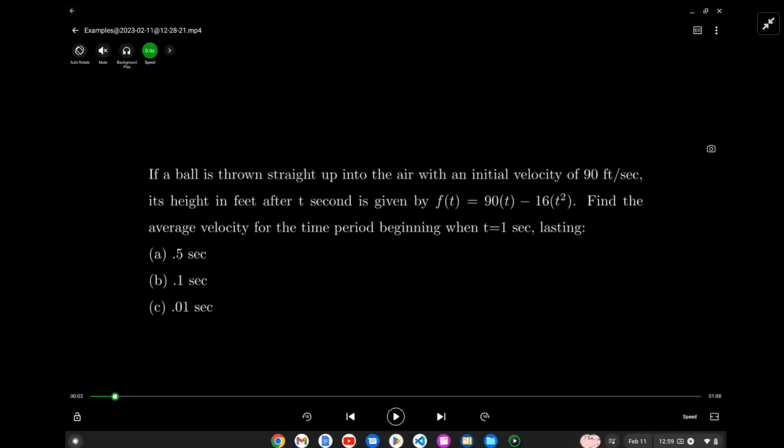So the first average velocity will be from 1 to 1.5, and then B from 1 to 1.1, C from 1 to 1.01.